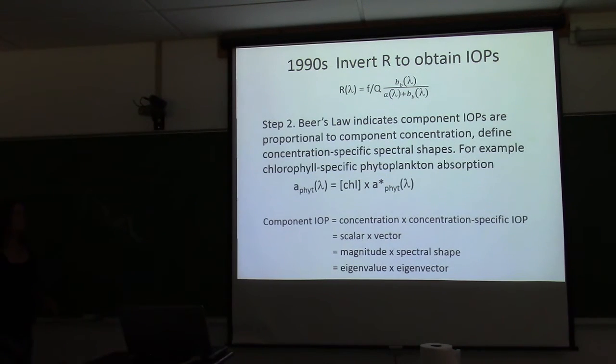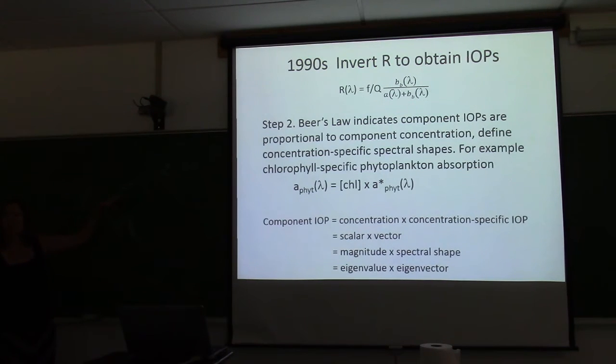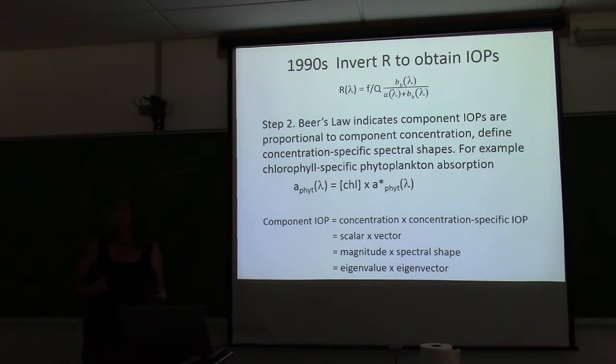And then you can take that average shape, we call that A star chlorophyll, the chlorophyll-specific absorption coefficient. And if you take that shape, that average, and you multiply it by your chlorophyll concentration, you can come up with a pretty good estimate of the phytoplankton absorption spectrum.